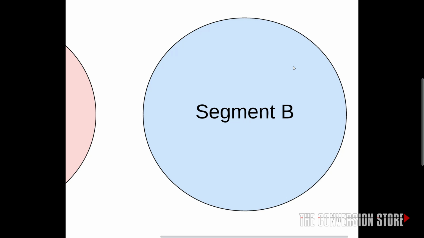Completely different. If you find somebody in New York or in the Northeast, for example, you might have people in both segment A, New York City, and segment B, Boston, and it makes it harder to communicate with them.